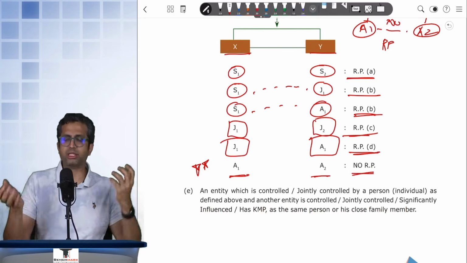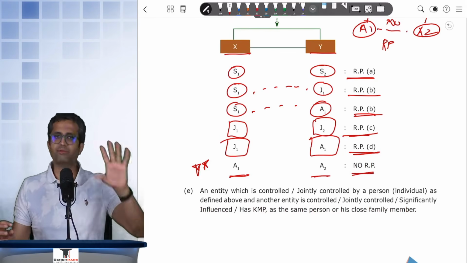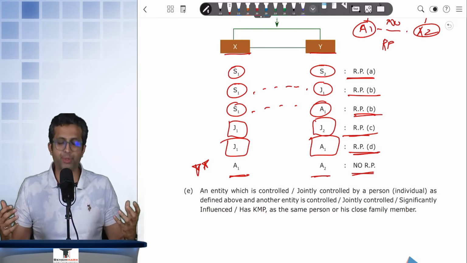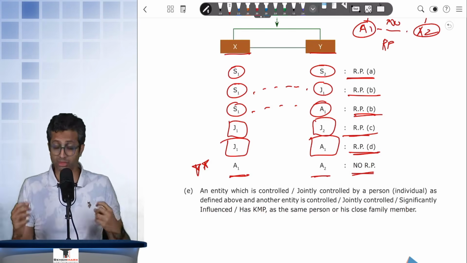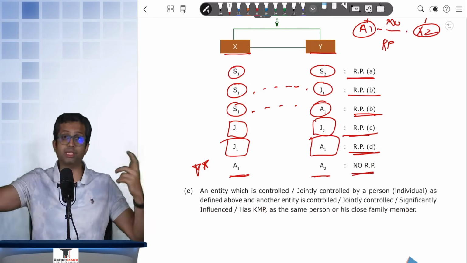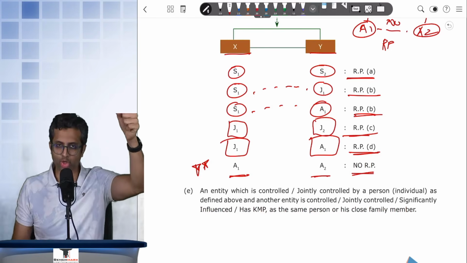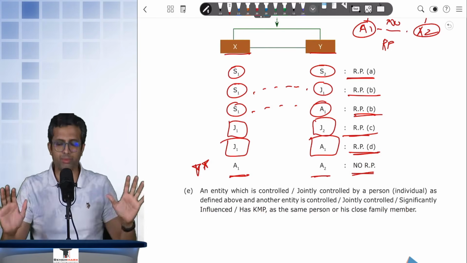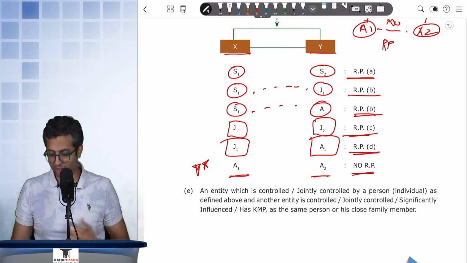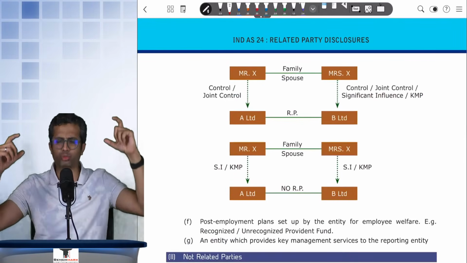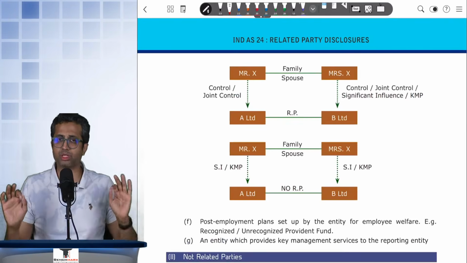Now that understanding is summed up in clause E, where clause E says that ABCD just looked at companies. However, it is possible that P, which was a parent company, instead of that there may be a Mr. P. So what I'm saying is, if there's a person at the top or his close family member, if there has to be a related party relationship, then at least at one of the two places, the person and his close family member is treated as one and the same.